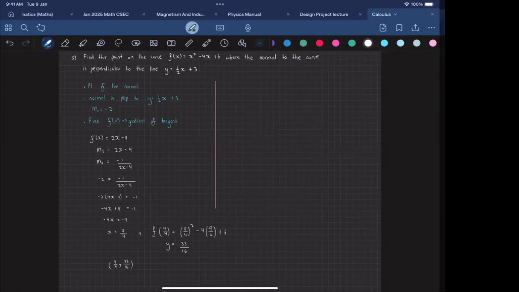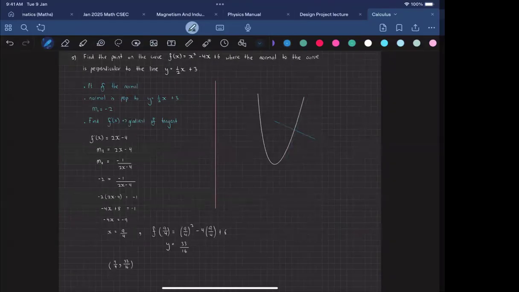It's kind of hard to visualize, but here's what I'm saying. They're saying the normal to the curve, so you have the normal, and that is perpendicular to some line, a half x plus 3, right? If you were to overlap them, you see they're perpendicular, right? So imagine you have a curve and you have a normal here.